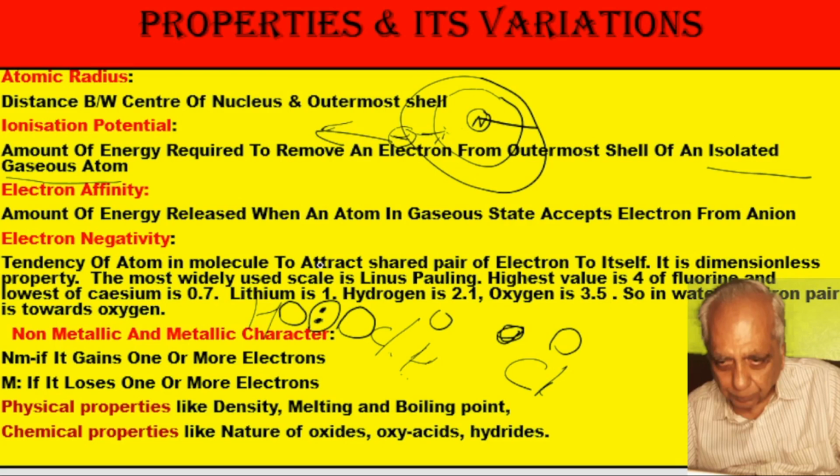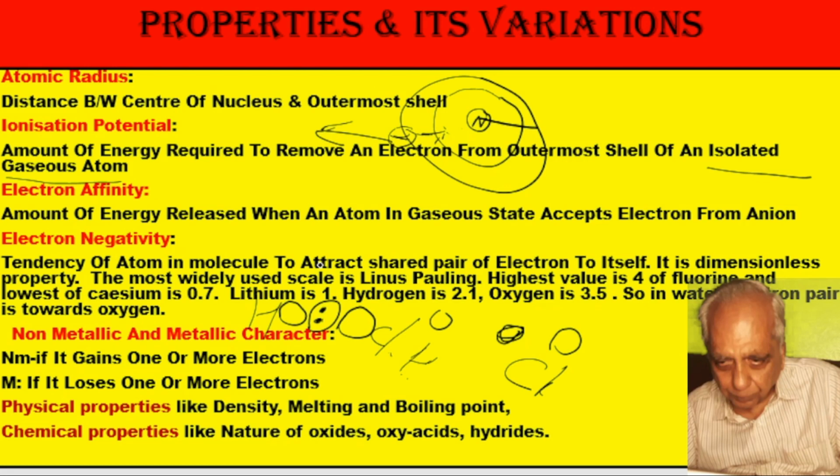So oxygen is more electronegative. So in case of water, my electron pair is more towards the oxygen as compared to hydrogen. So oxygen becomes partly negative, and hydrogen becomes partly positive. Similarly, in case of HCl, the electron pair is more towards Cl. So Cl acts like a partly negative charge and hydrogen acts like a partly positive charge.